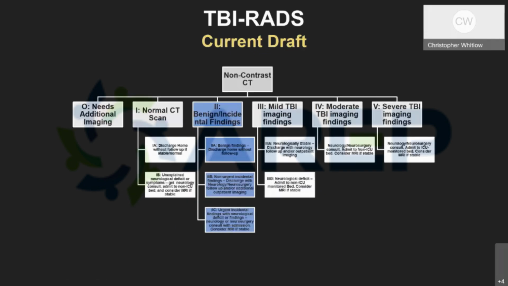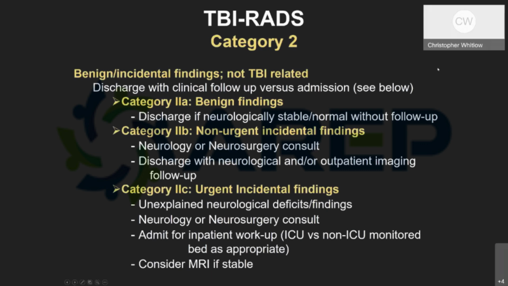TBI RADS category 2 relates to benign and incidental findings, and I should say, not related to the TBI. So you could potentially consider discharge with clinical follow-up versus admission. Category 2A would be benign findings, in which case you could discharge if neurologically stable and normal, without follow-up.